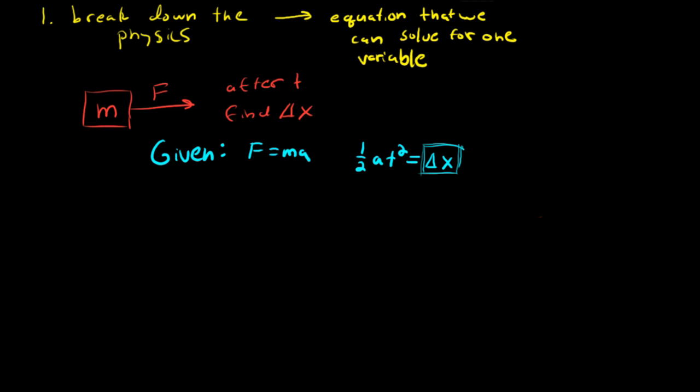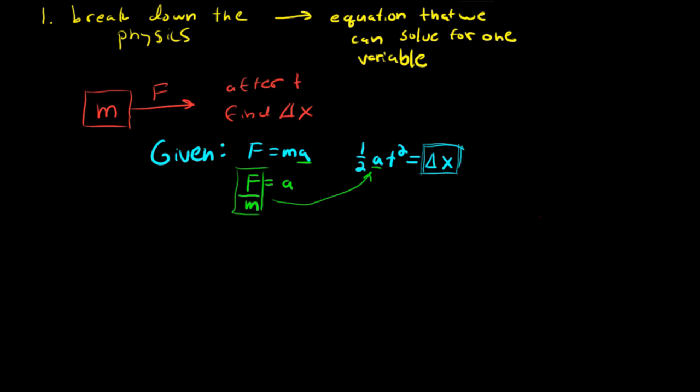So now we just start plugging things in, because we don't know acceleration, so we just have to replace it between those two. Our new replacement would be F over m equals a, because we just divided both sides by m. Then we take this and stick it in this a.